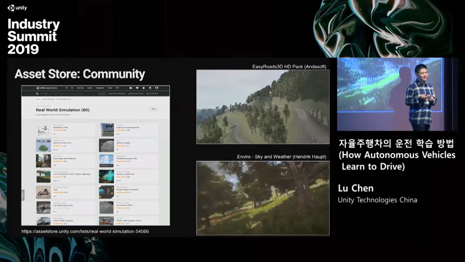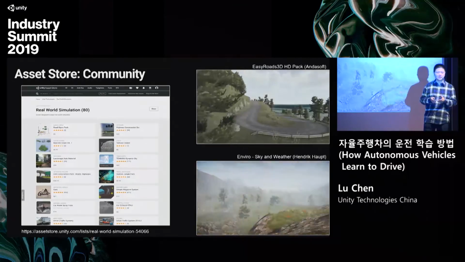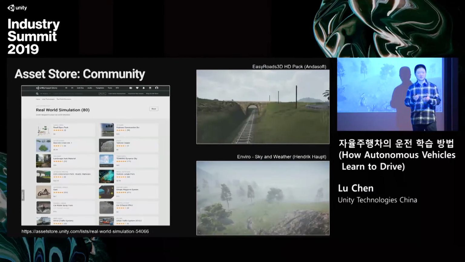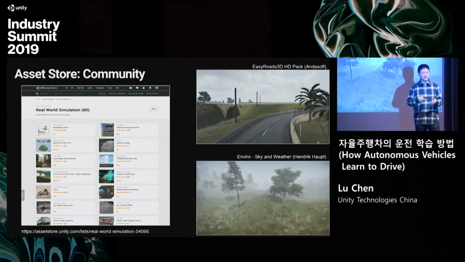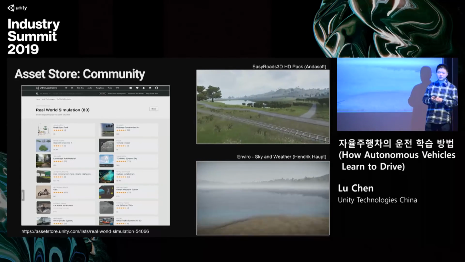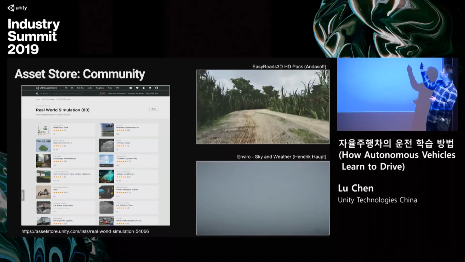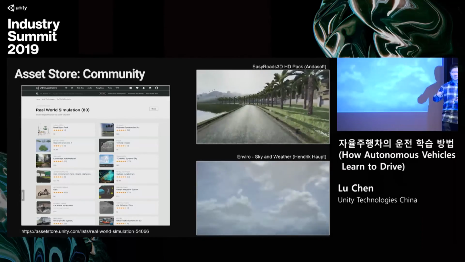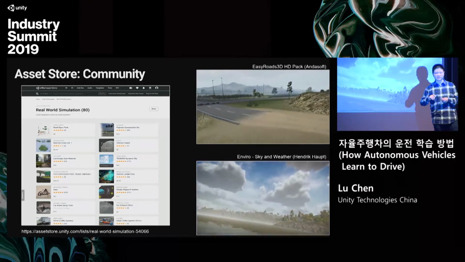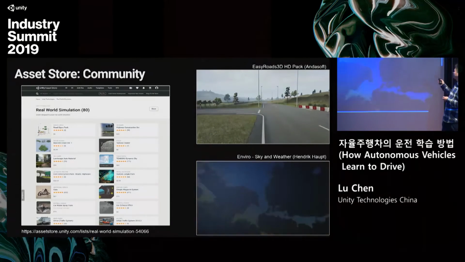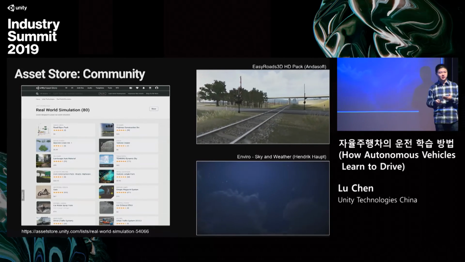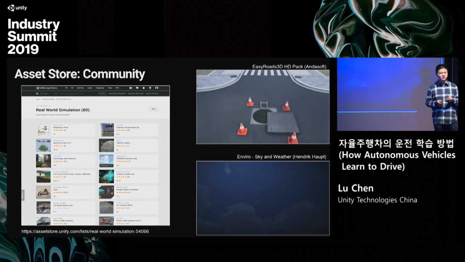If you look at the Asset Store, there are already many resources and tools you can leverage to create your world. Such as this Easy Road, which you can use to generate roads very efficiently. And this one you can use for sky and lighting illumination simulation.